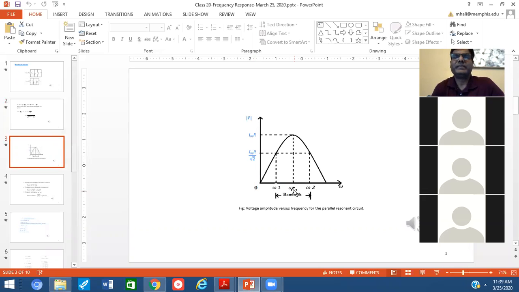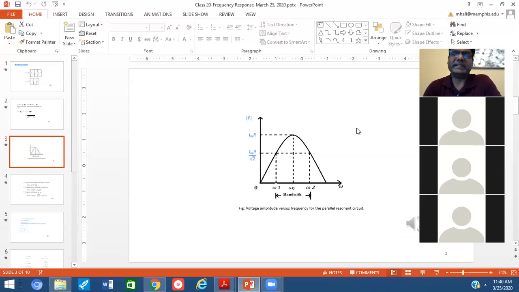So that's why on the characteristics curve, you are looking at the voltage magnitude Im multiplied by R corresponding to point omega naught. And at the 2 half power frequency points, omega 1 and omega 2, as you can see, the voltage magnitude is Im multiplied by R over root 2.